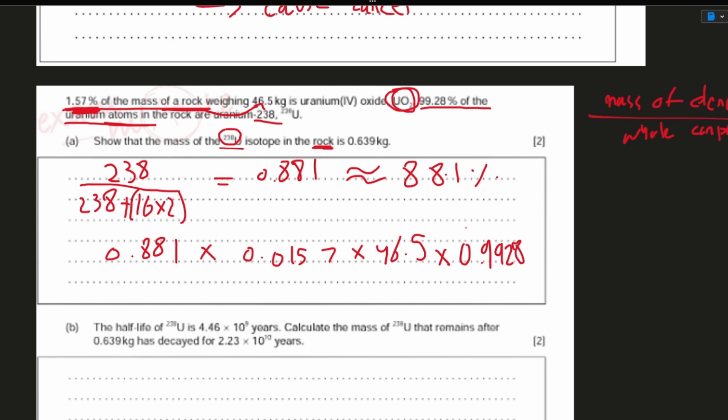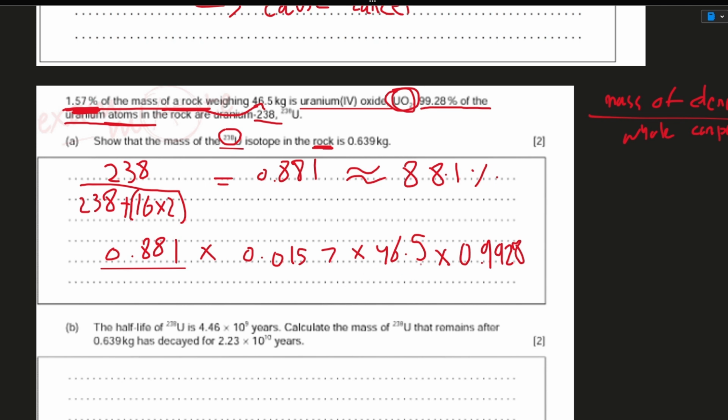So in order to reiterate what I said, we take the percentage of uranium in uranium dioxide, uranium oxide, which is this, 0.881, multiply that by the percentage of that uranium oxide in the rock, which is 1.57%.